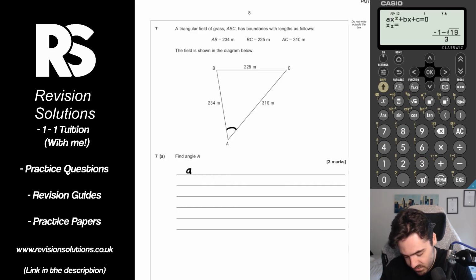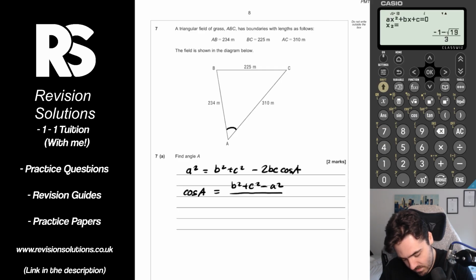So writing out the cosine rule, a squared equals b squared plus c squared minus 2bc cosine of A. If we rearrange for cos of A, then that's going to be b squared plus c squared minus a squared all over 2bc. And then we'll just do inverse cos of that.